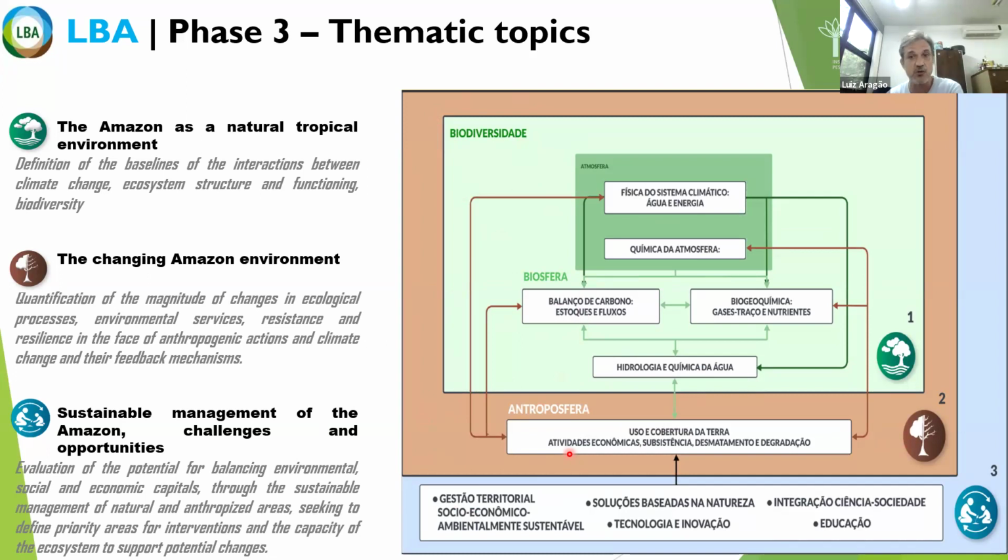And this also must be understood using the best science that we have nowadays. And finally, the whole system is contained into a social ecological system that needs to use this resource for surviving on the planet. So LBA is organized in this way.